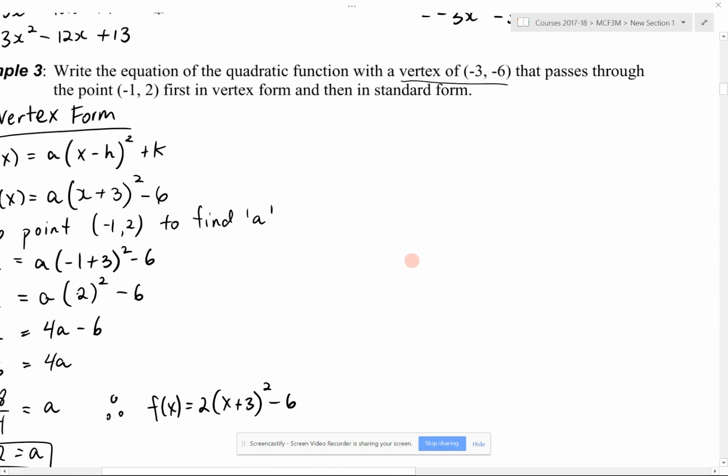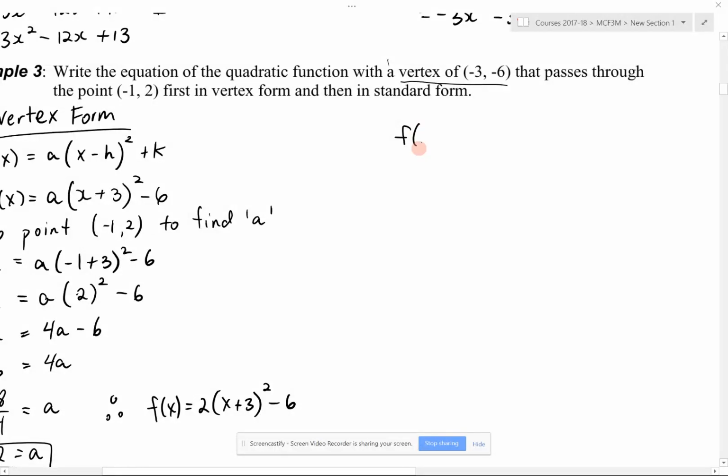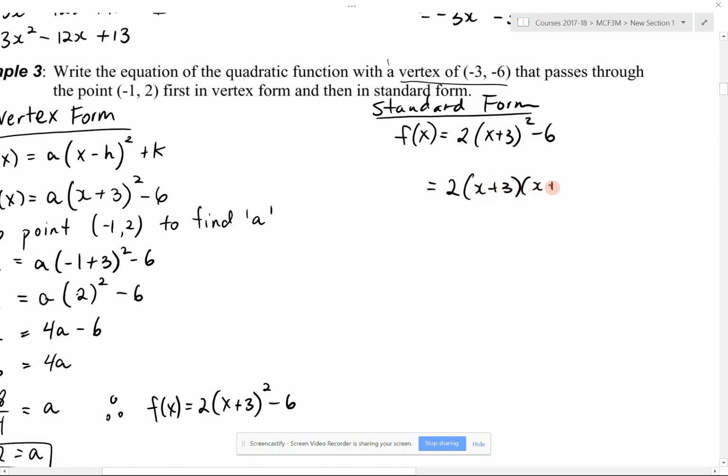So if I take my vertex form, f of x equals 2 times x plus 3 squared minus 6. Let's write here standard form. Just expand it. So I'm going to say 2, so x plus 3 squared can be written as x plus 3 times x plus 3, minus 6 goes outside.